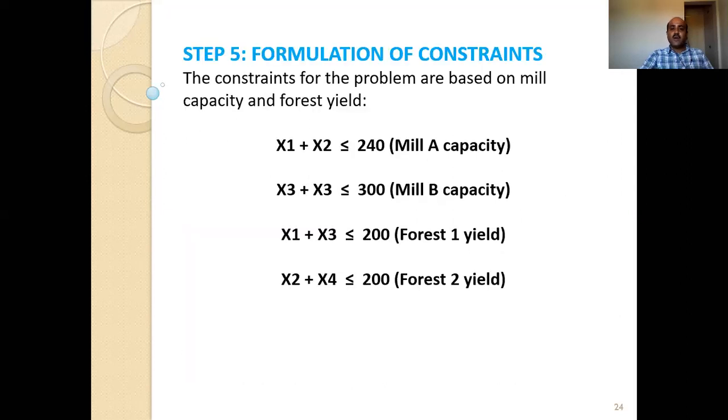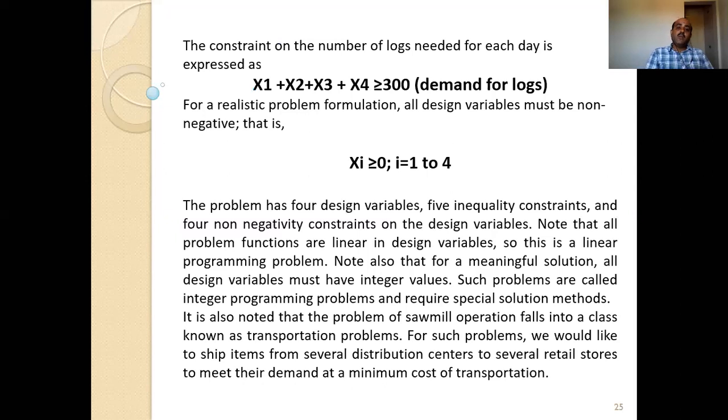Apart from that, we have another constraint, that is the constraint on the number of logs needed for each day, expressed as x1 plus x2 plus x3 plus x4 should be greater than or equal to 300. This is the demand for the logs. That is, the minimum logs that need to be shipped is 300.